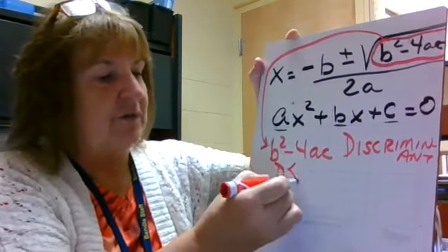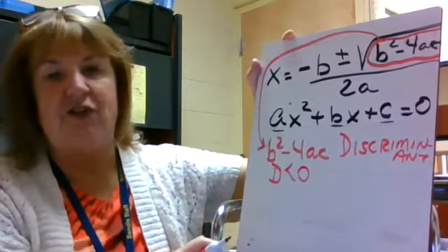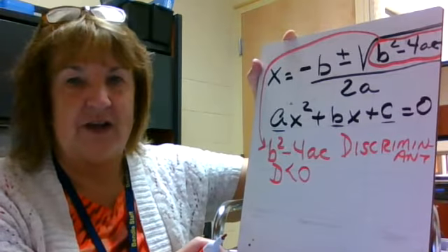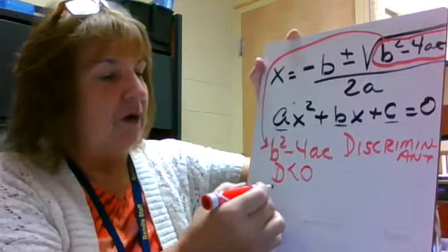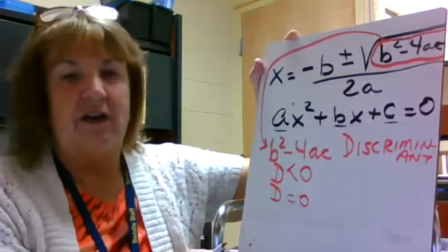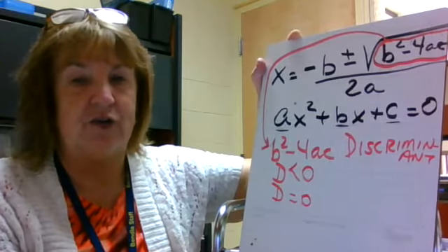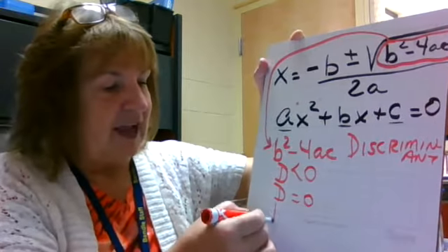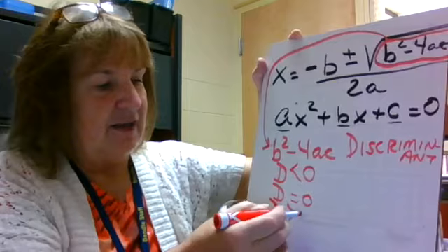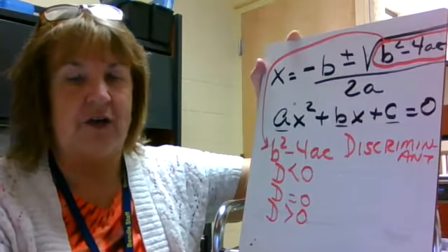So D could be a negative answer. In other words, you could end up with like negative 71. Or it could turn out to be just 0. When you took the b squared and then subtracted the 4ac, the answer could be 0. And the last situation means that the answer could be positive. Those are the only 3 scenarios that we have.